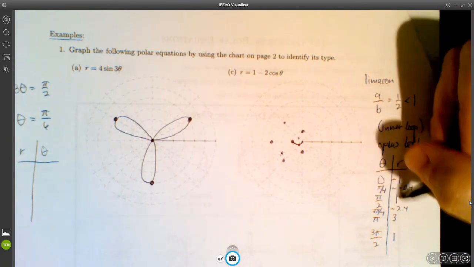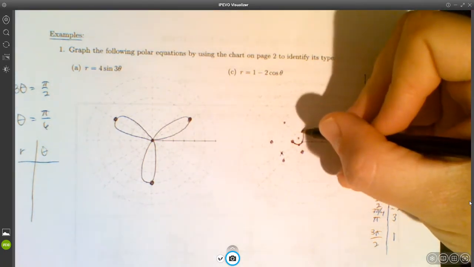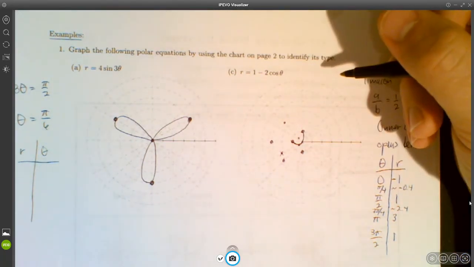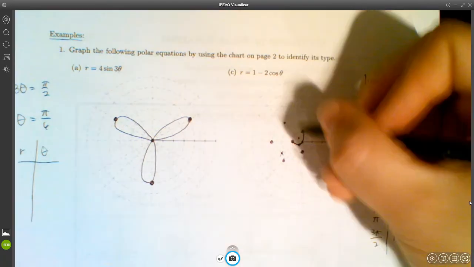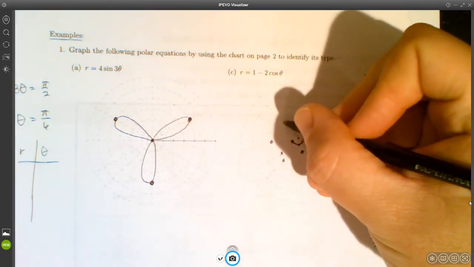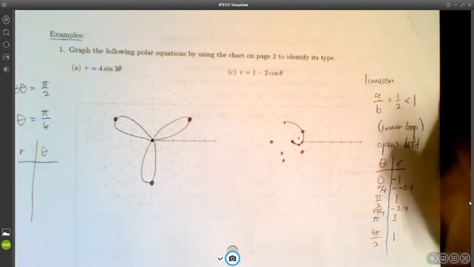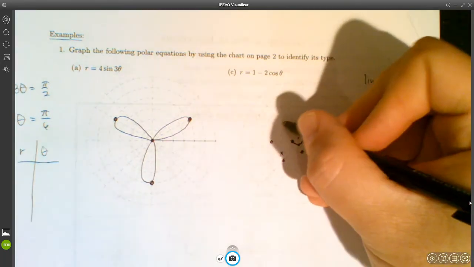And then by the time I get to pi over 2, I'm up here at 1. So you see I'm tracing out that inner loop, I think. At 3 pi over 4, I'm at 2.4. And then at pi, I'm over here at 3.